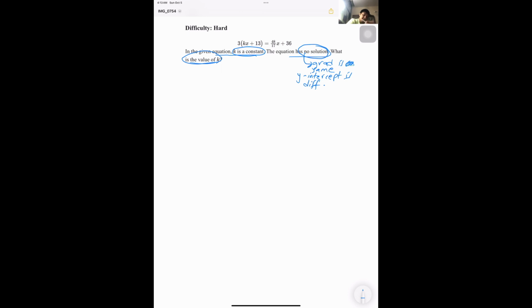The gradient is the same, so 3k is equivalent to 48 by 17, so 3k equals 48 by 17, or k equals 48 by (17 times 3), which is 16 by 17. That is the answer.